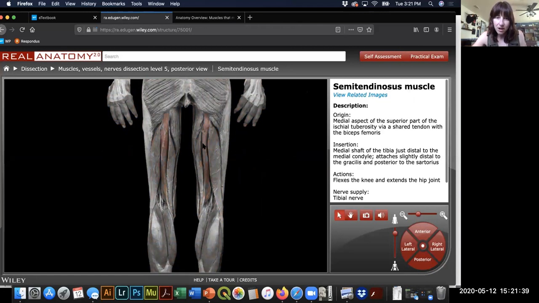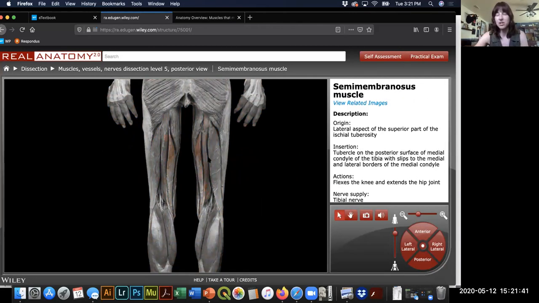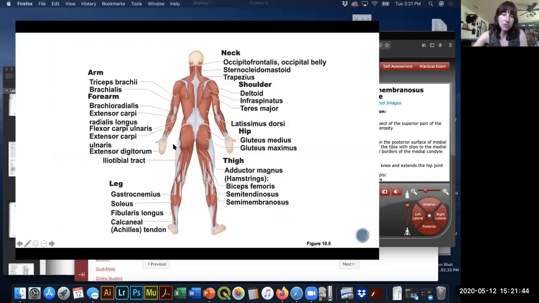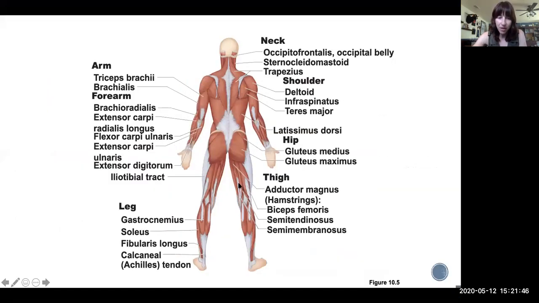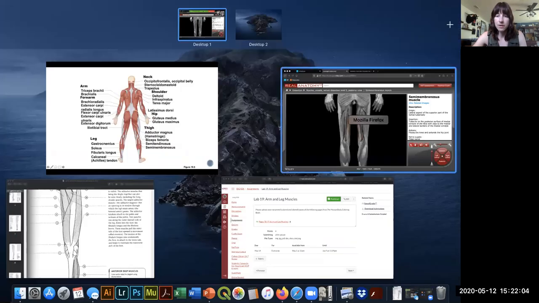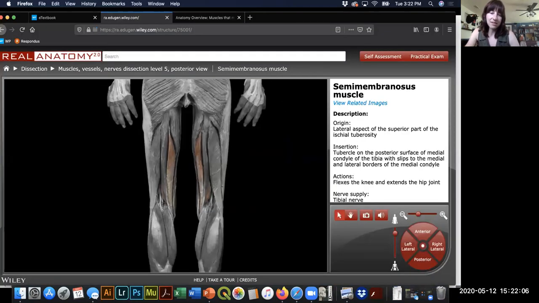But let's talk about your hamstrings, okay? Your hamstring muscles on the back of your thigh include three different muscles. You have your biceps femoris on the lateral side, your semimembranosus on the medial side, and your semitendinosus right in the middle. Let's look at this guy, because he has it much clearer.